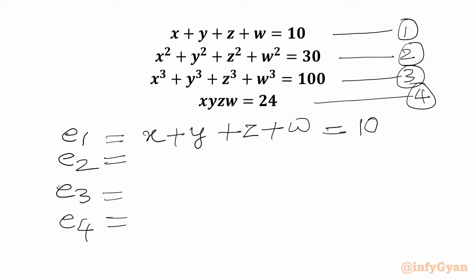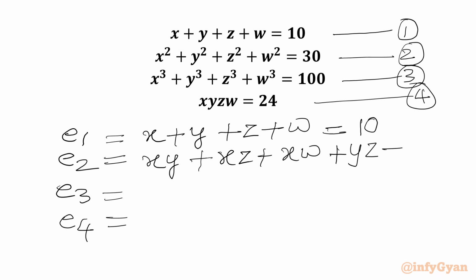E2 is sum of roots taken 2 at a time. So let us consider combination of two variables: xy plus xz plus xw. X is over. Now with y, yz, yw, with z, zw. So sum of roots taken 2 at a time, this is E2.